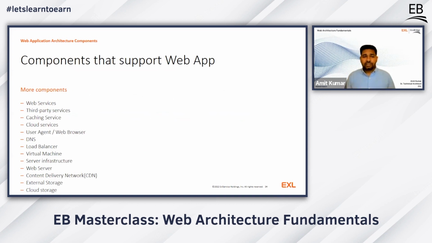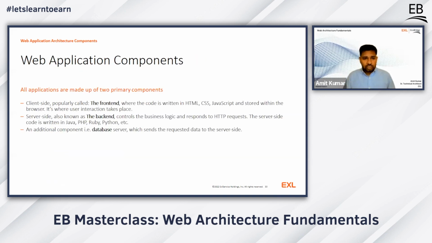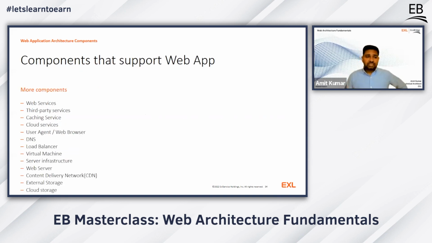Those are part of the architecture, but they are supporting components along with these two or three. So web service, third party service, caching service, cloud service, user agent, web browser, DNS, load balancer, we have seen in the previous diagram, okay. All these things are also part of our architecture and we need to take care of these components, okay.